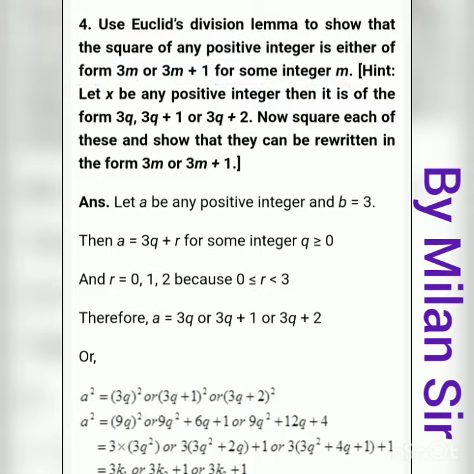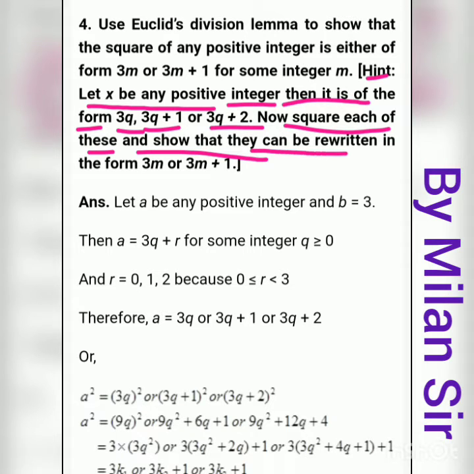One hint is given to you. Let x be any positive integer, then it is of the form 3q, 3q plus 1, 3q plus 2. Now square each of these and show that they can be rewritten in the form of 3m or 3m plus 1.